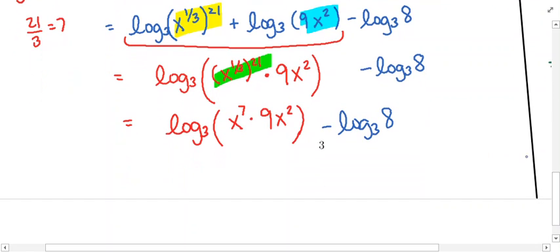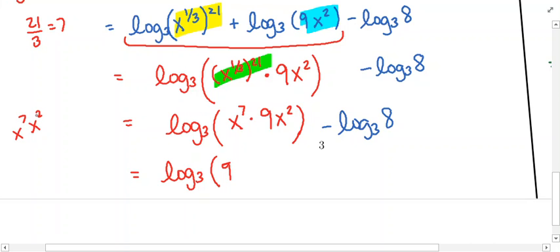Then I can keep combining the stuff in parentheses here. This is going to be log base 3. I've got the 9, so I multiplied the numbers together, that's just a 9. Then x to the 7th times x squared. Remember, if you have x to the 7th times x squared, you've got a power of x times a power of x.